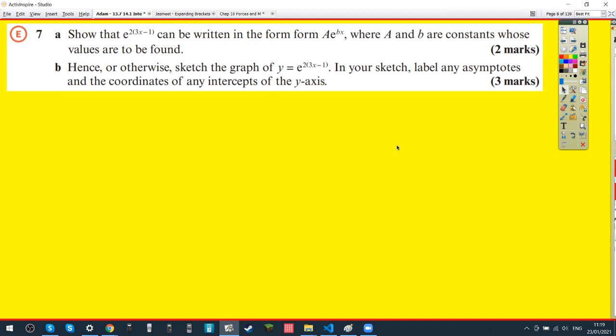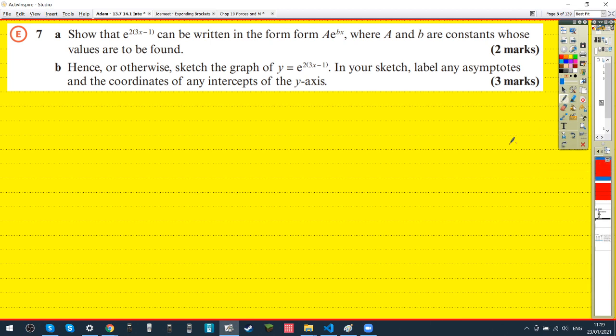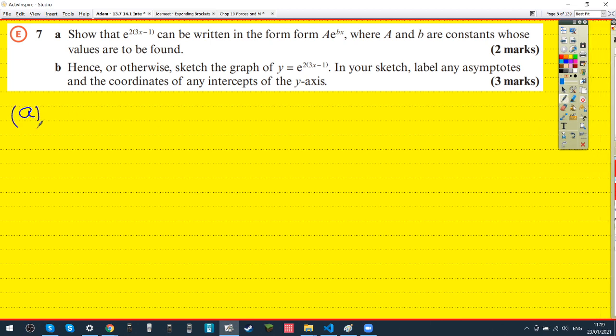Okay. Any idea how we do part A? No. We'll expand this bracket. What do you get? 6x minus 2.